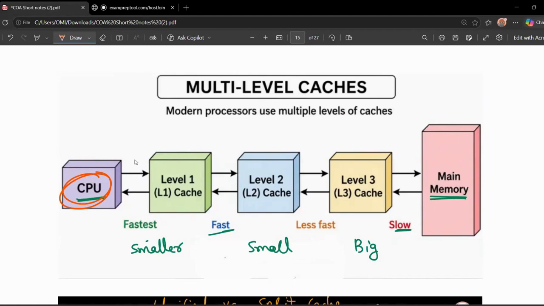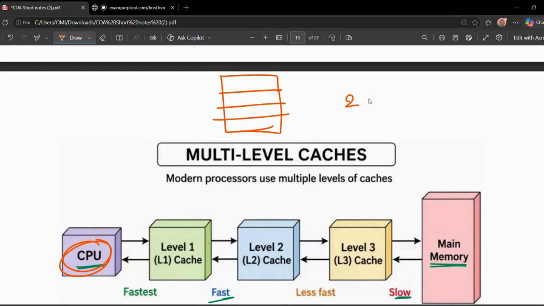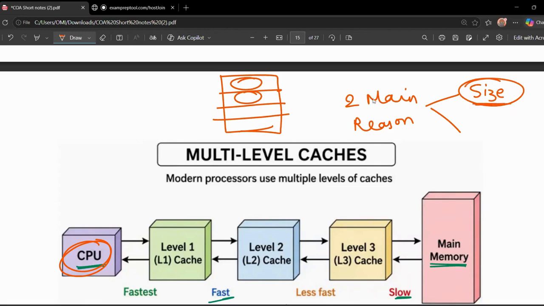Why are we using the cache? We are using the cache for two main reasons. The first thing is we don't go to main memory, so that's why we are storing data in the cache. So the first reason is size. Size is the issue. What is the issue for cache?